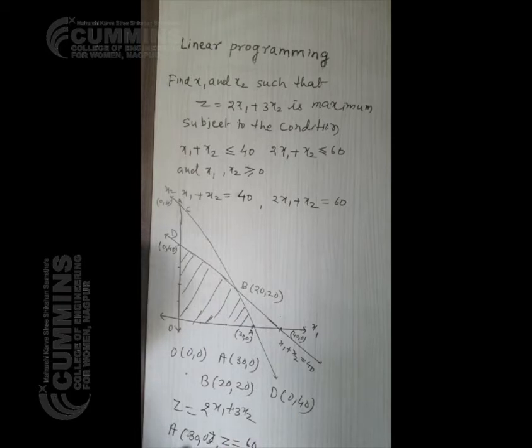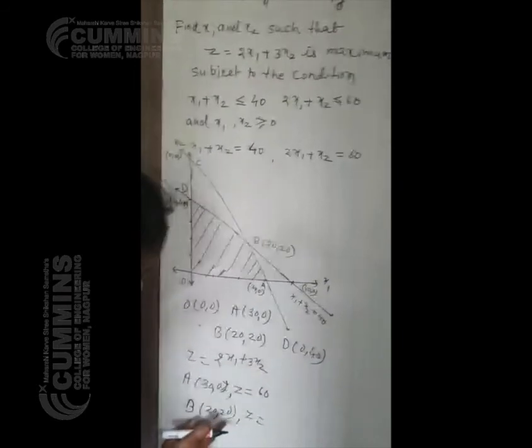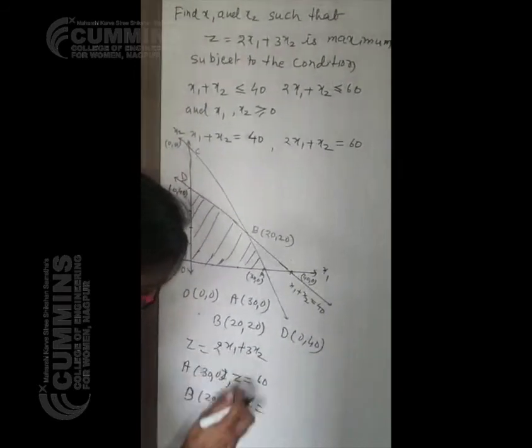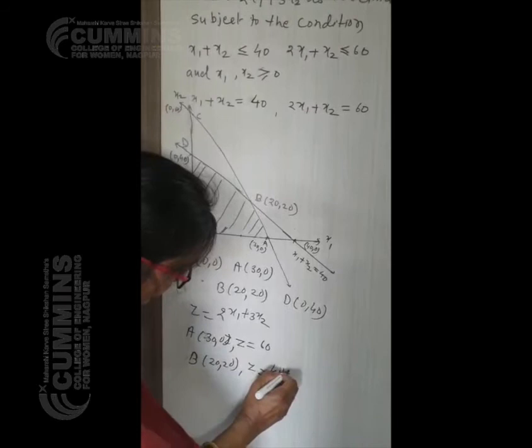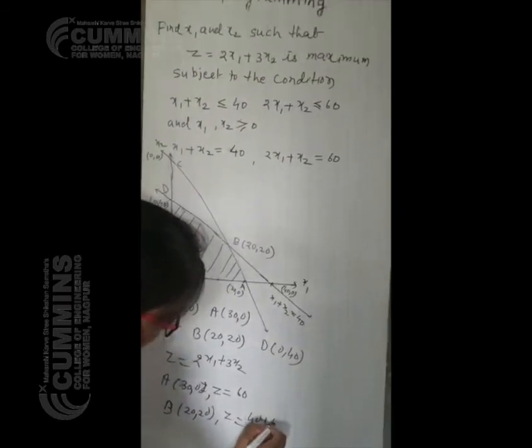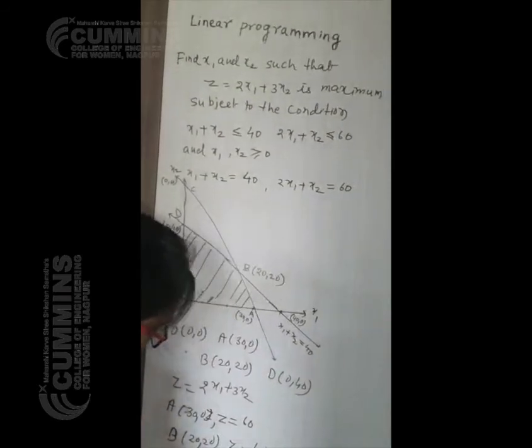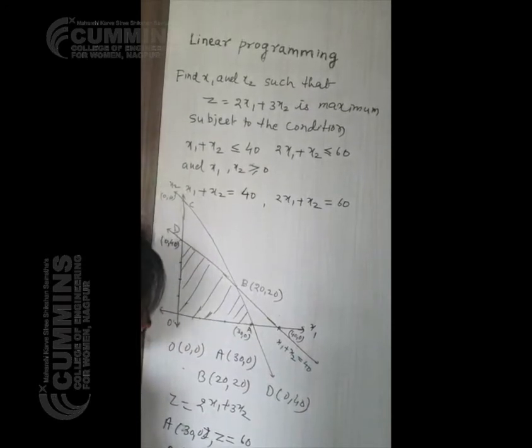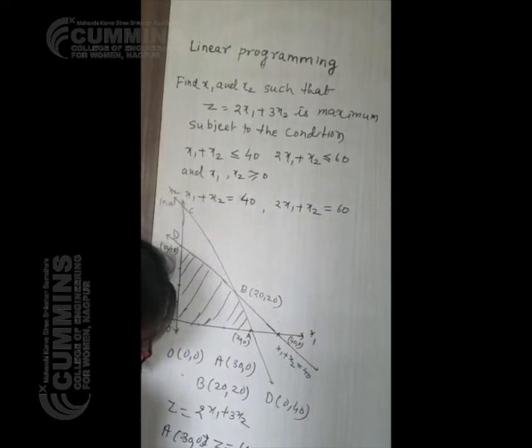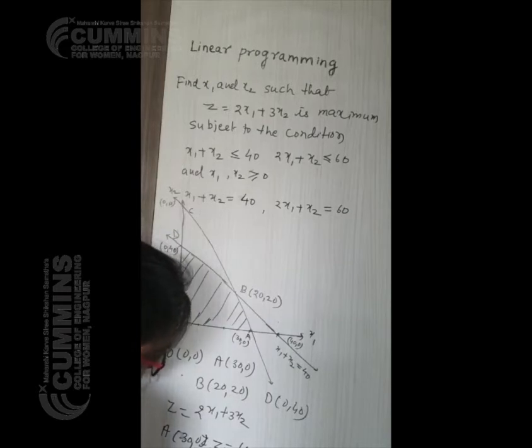For the point B, 20, 20, we put Z is equal to 2x1 plus 3x2, so we get 40 plus 60, which is equal to 100. And for the point D, 0, 40, we get the value of Z is equal to 0 plus 120.